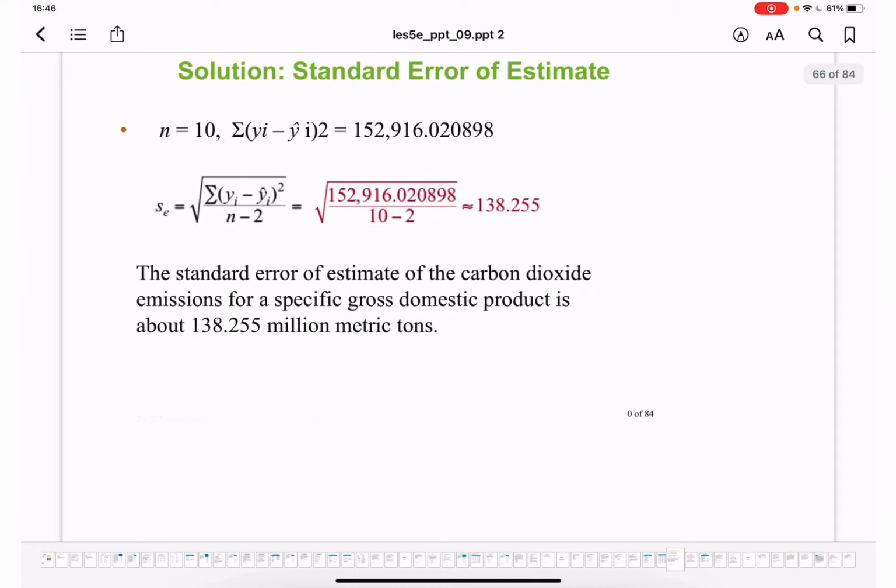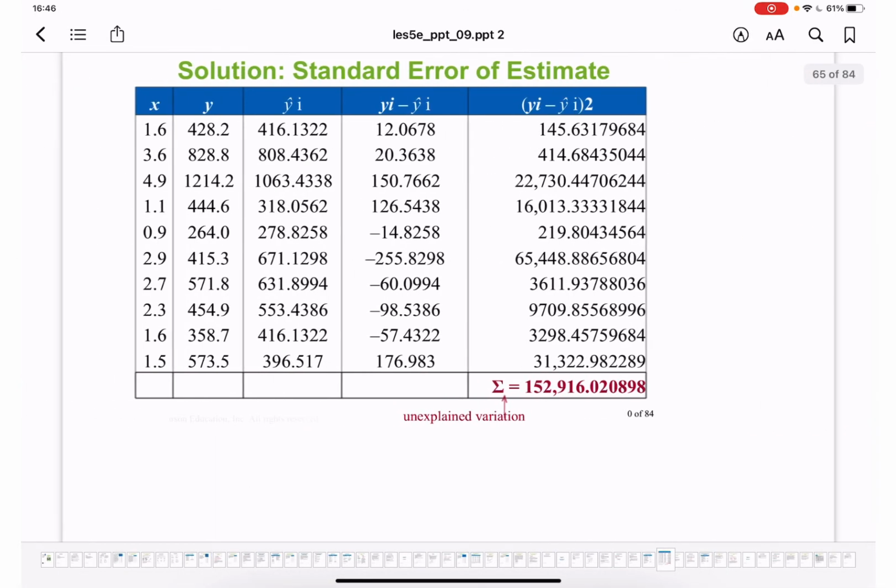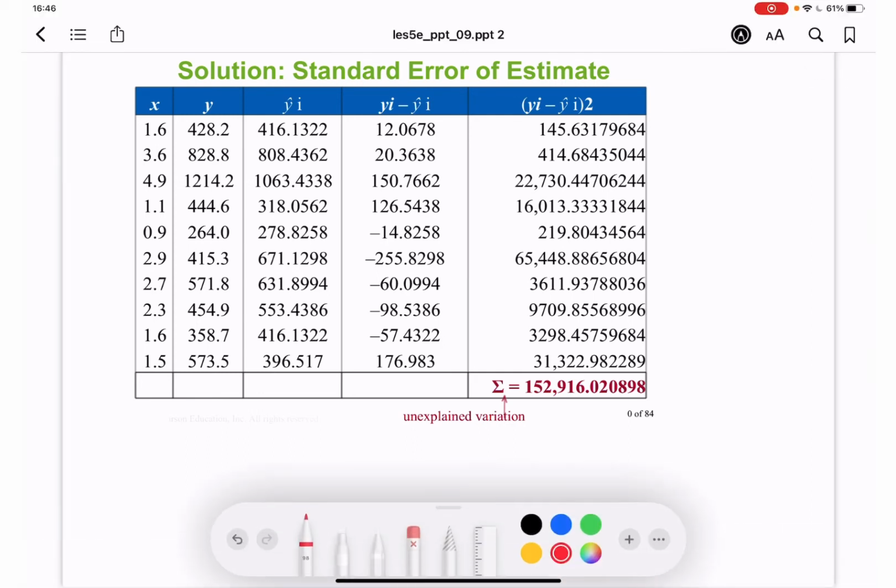Here it is, the formula. That means the square root of the sum of y minus y hat squared, divided by n minus 2. If we go back here, y minus y hat, here we have it.